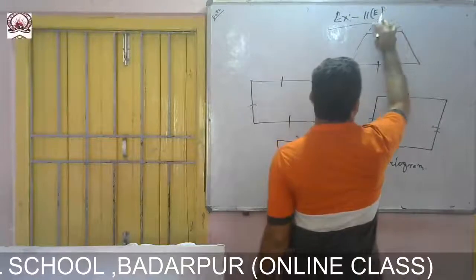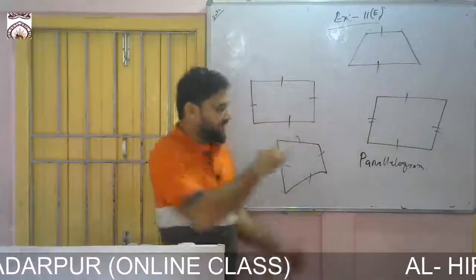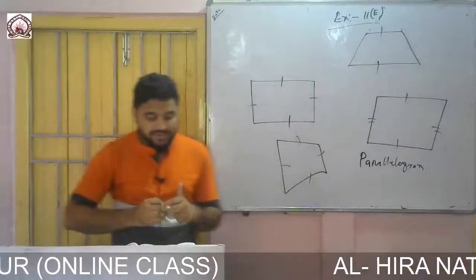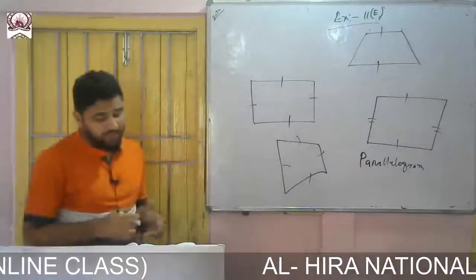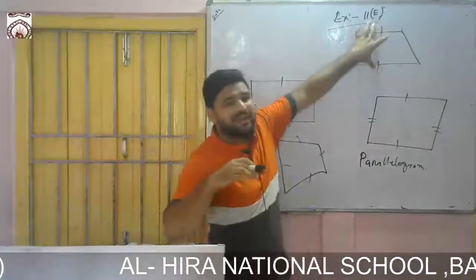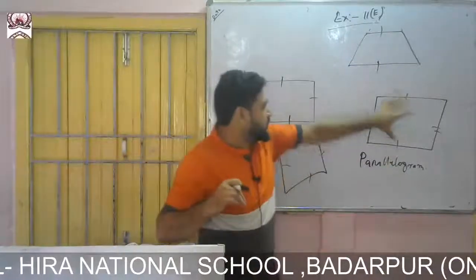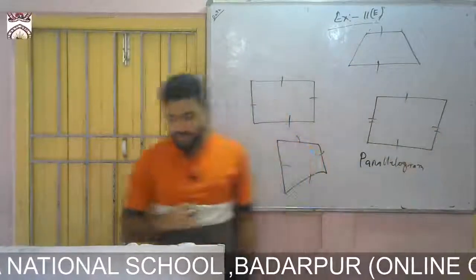This is a trapezium: one pair of opposite sides parallel. But in a parallelogram, there are two pairs.